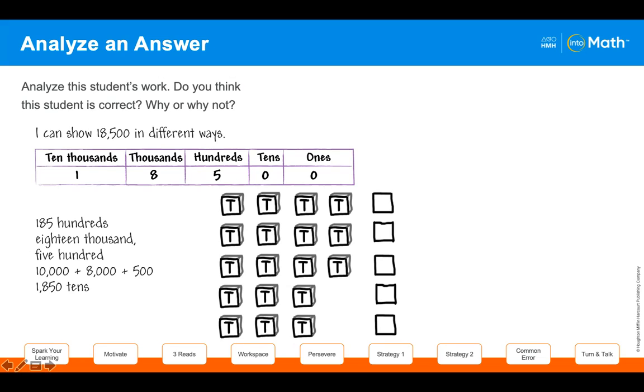And finally, the student has a representation here with base 10 blocks. So we can see 18 thousands blocks and 5 hundreds blocks.